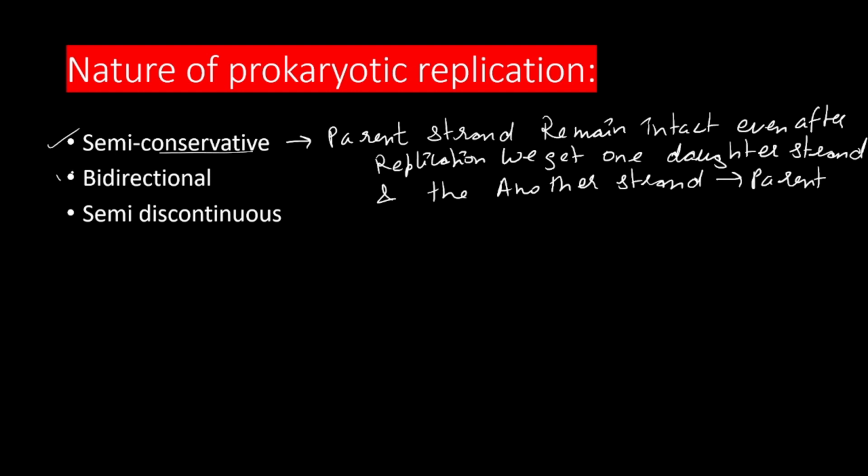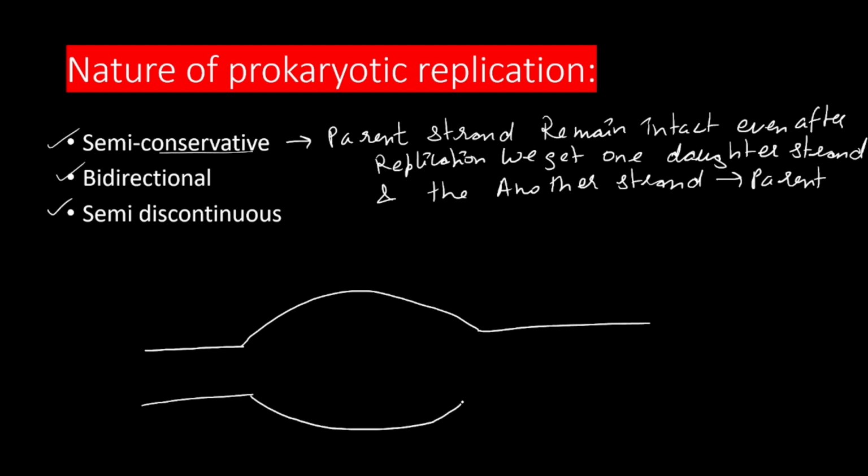Now it is bidirectional. Bidirectional मतलब कि दो डायरेक्शन में मूव कर रहा है. And it is discontinuous. मतलब एक strand will be continuously forming and the another strand will be discontinuously forming. So we can understand this with a small structure.